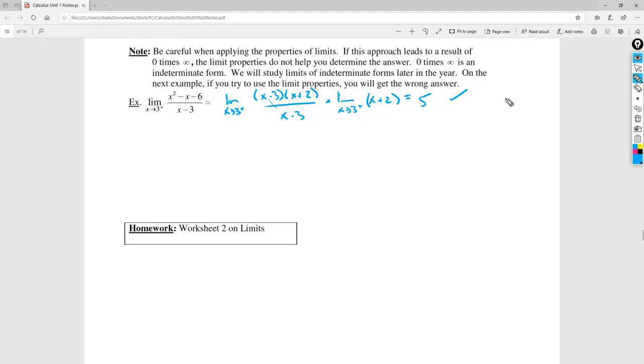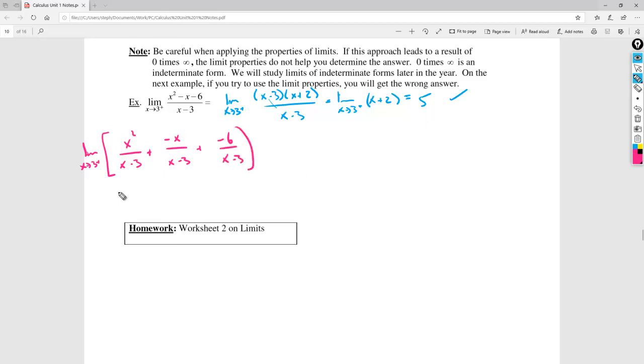Well, there's several spots, right? So the first thing I could see is if you wanted to split this up. Let's just explore what happens. I'll do all this in pink. So if I decided to split this up into x squared over x minus 3 plus negative x over x minus 3 plus negative 6 over x minus 3, would we still get 5?